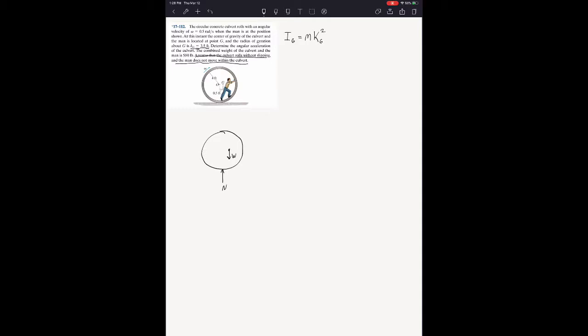It's going to rotate clockwise for sure. The clockwise rotation is created by a moment about G. You know what? I'm just going to draw it in a particular direction. You'd think this would be easy, right?